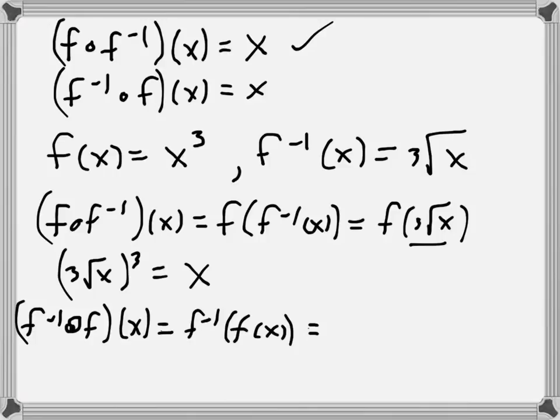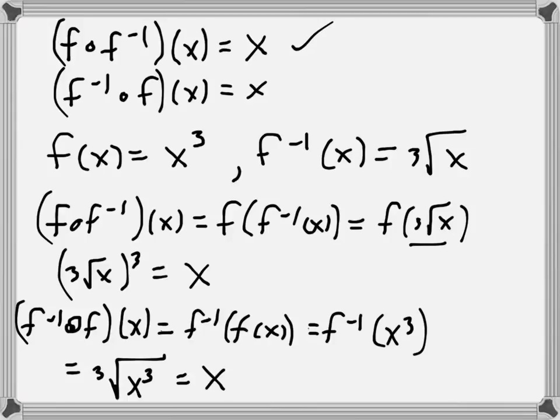That's going to be f inverse of x cubed, so the cube root of x cubed. And what's the cube root of x cubed? Just x. So it ends up working the same way.